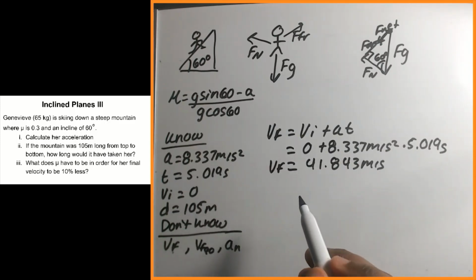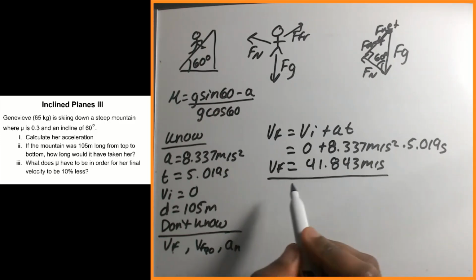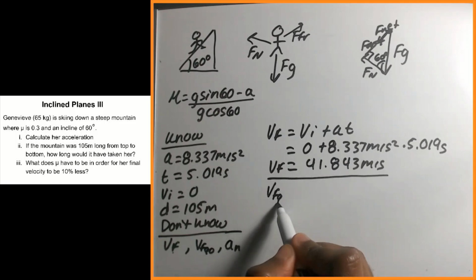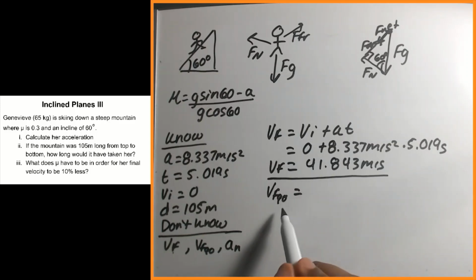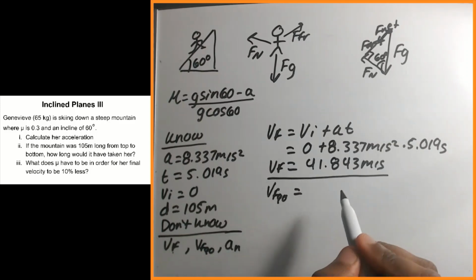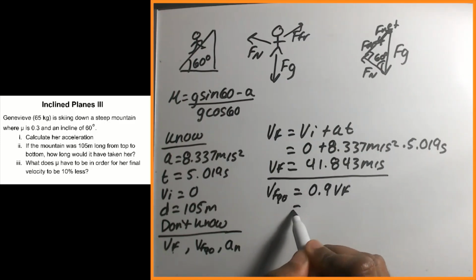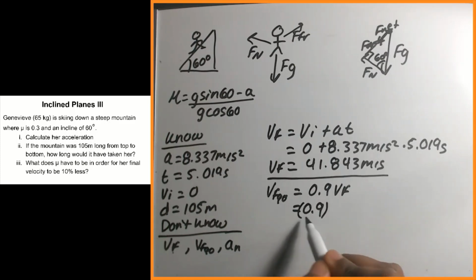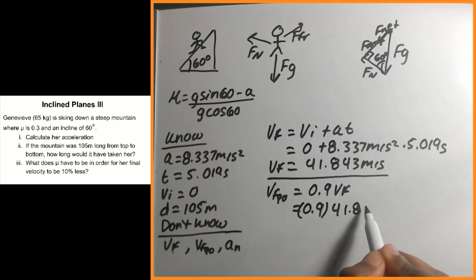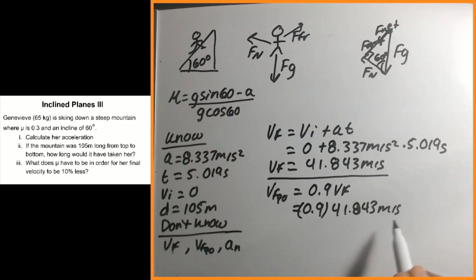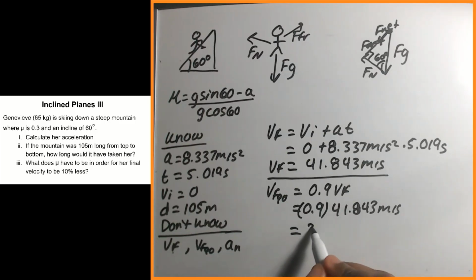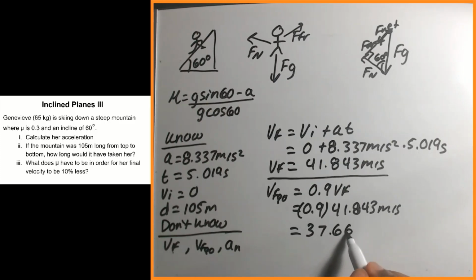And that's our VF. Okay, so the new VF is going to be 10% less, so it's going to be 90% of the old one. So what I can do is just do 0.9 times 41.843 meters per second, and I get 37.659, I'll just round it to 37.66 meters per second.